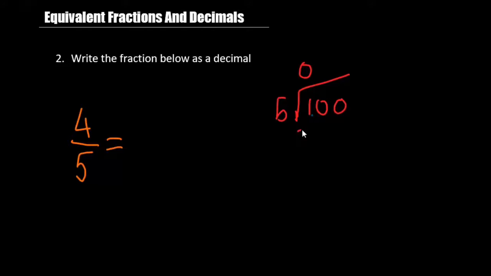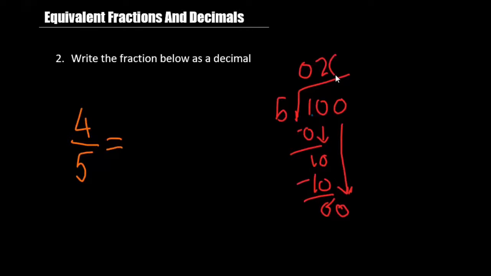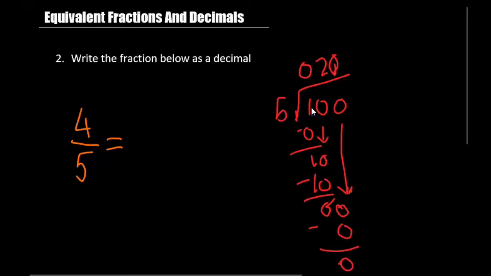So 1 minus 0 is 1. We bring down the 0 over here. 5 goes into 10 2 times. So 10 minus 10 is 0. We bring down the other 0 as well. 5 goes into 0 0 times. So 0 minus 0 is equal to 0. Now all we're going to do is float this decimal point up here.